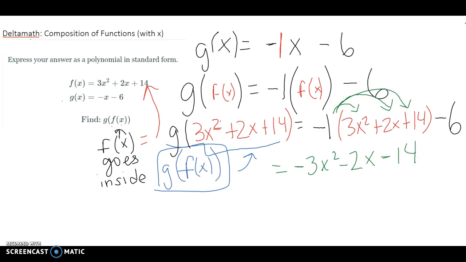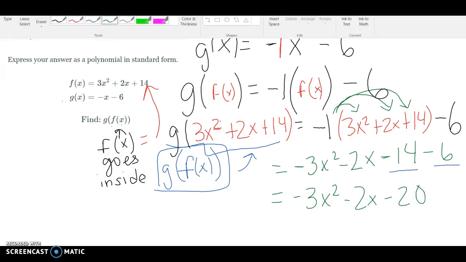The 6 is outside of the parentheses, so I'm just going to bring it down. And here we notice we only have one pair of like terms, so there is only one simplification I can do. So we got negative 3x squared minus 2x and negative 20. So this is my answer.